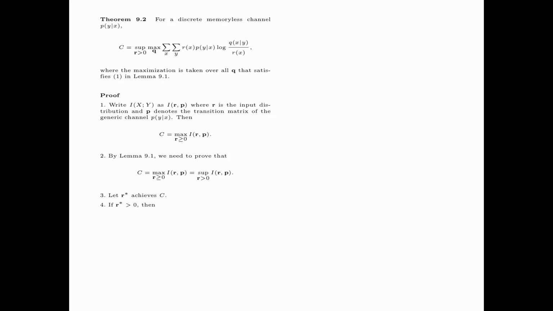If R star is strictly positive, then in C, the maximization over all input distributions R can be replaced by the maximization over all strictly positive input distributions R. This, in turn, can be replaced by the supremum over all strictly positive distributions R.